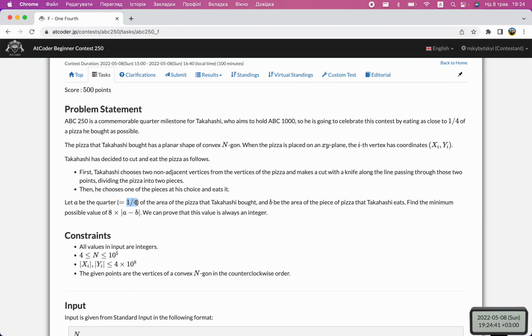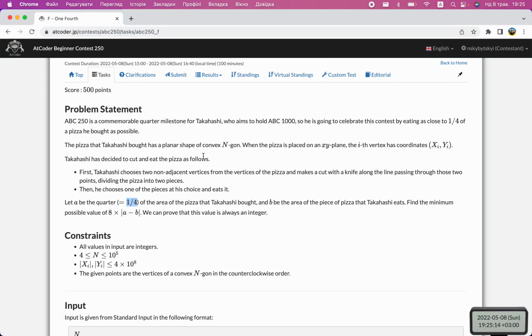For this problem, you may notice that if, instead of drawing a diagonal, we pick some vertex and we draw an imaginary line that does not need to be a diagonal, but it must pass through this vertex, there are exactly two such lines that cut 1/4 off the polygon.